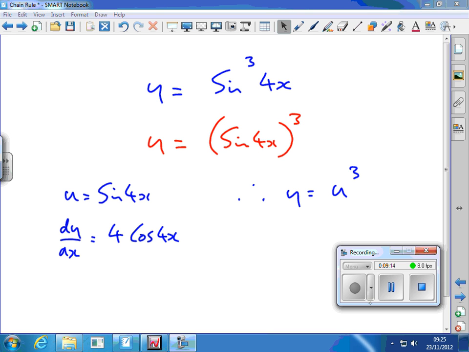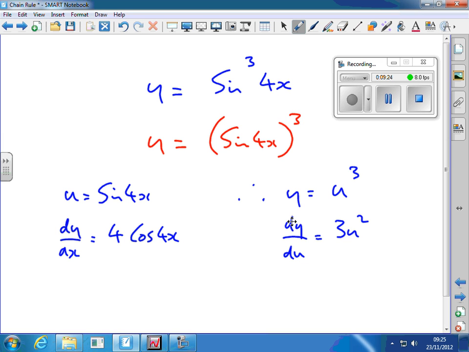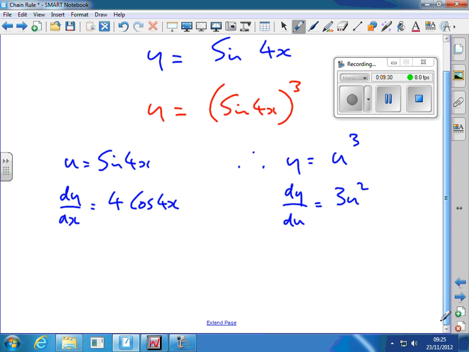So the differential of y with respect to u would be 3u squared. Now the rule tells me to multiply them together.